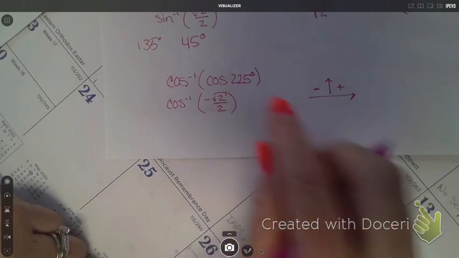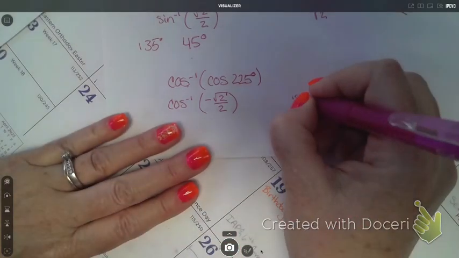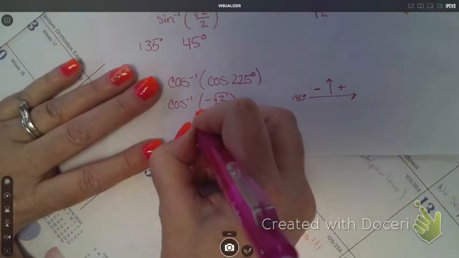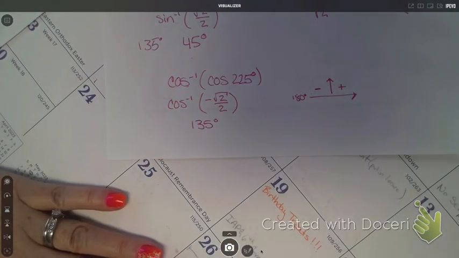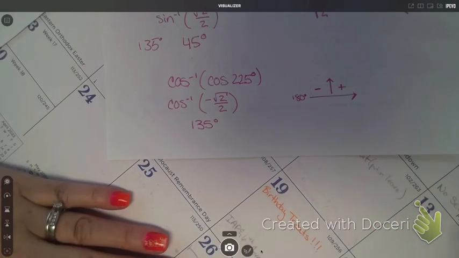We're in degrees, right? So this is 180, 135. Because you took 45, 180 minus 45.